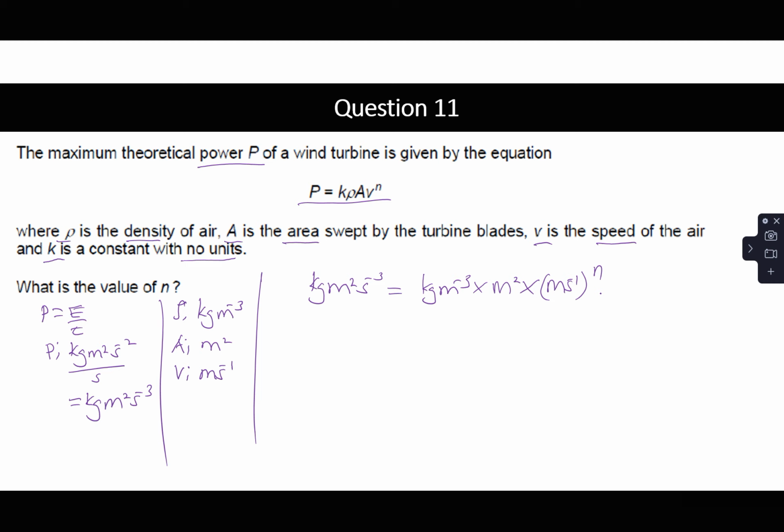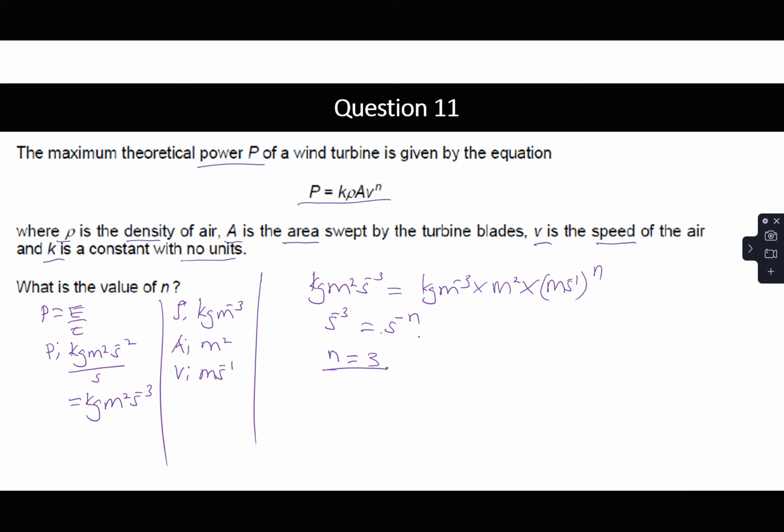I can choose any of these quantities. Using seconds, on this side I have s to the power negative 3. On the other side I have s to the power negative n, because it is power negative 1 but raised to another power. Mathematically, a power raised to another power, you multiply the powers. So n is actually equal to 3.